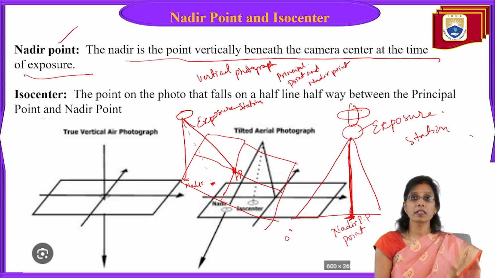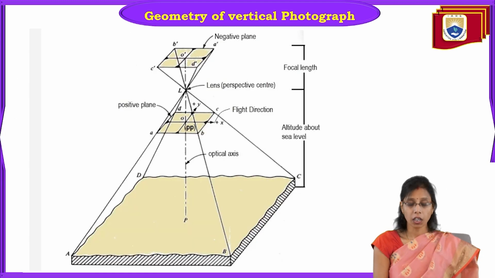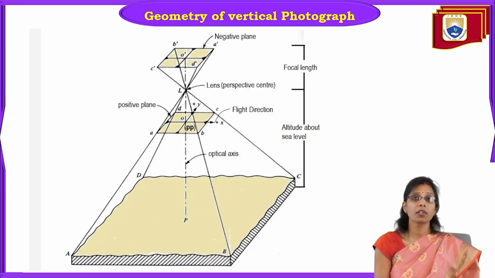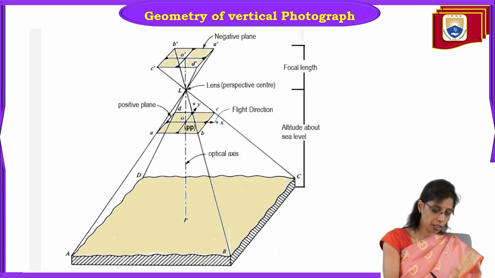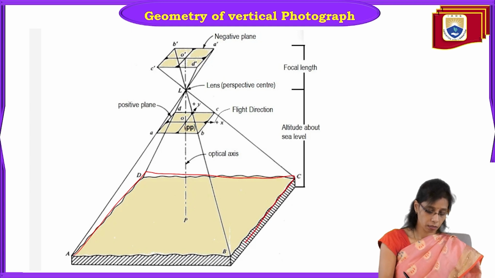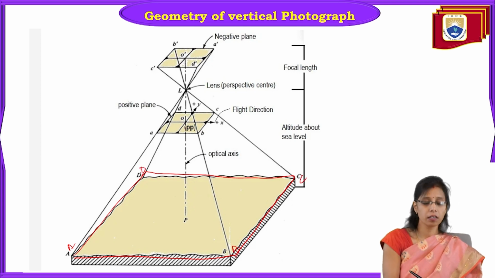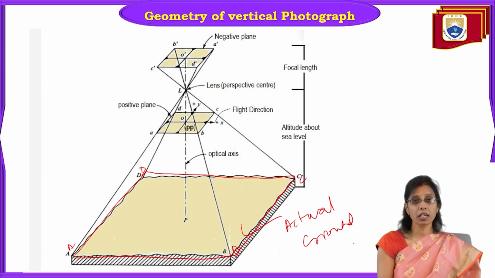Okay. Now let us understand the geometry of the vertical photograph. I hope you remember what a vertical photograph is. So this is how the vertical photograph looks like. Now if you see, this is the ground to be covered, that is A, B, C, and D. So this is the actual ground which is to be covered.